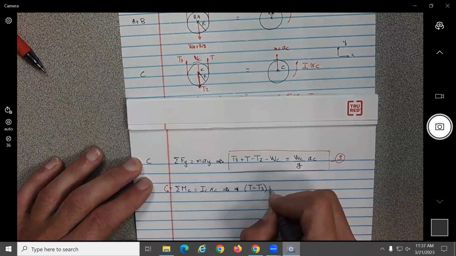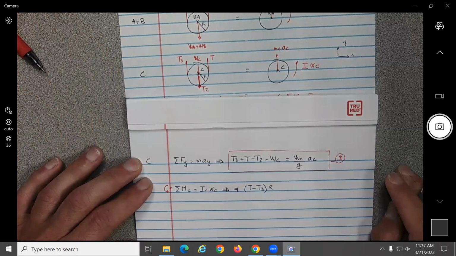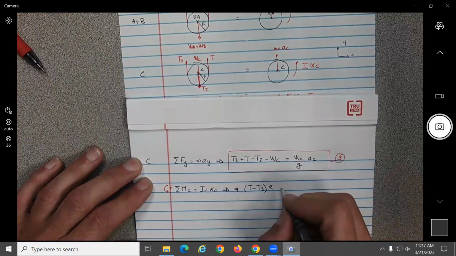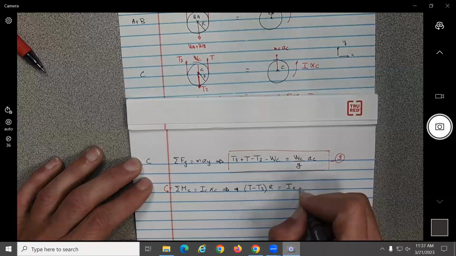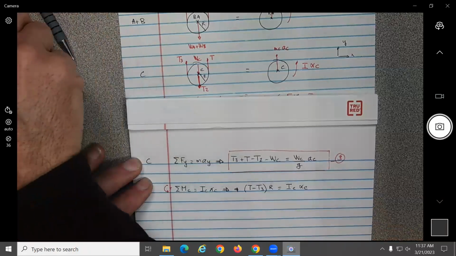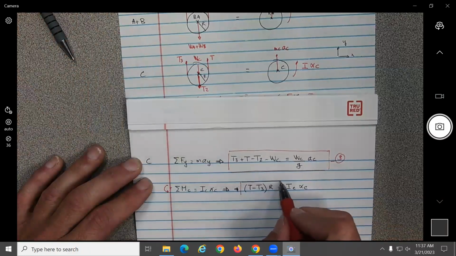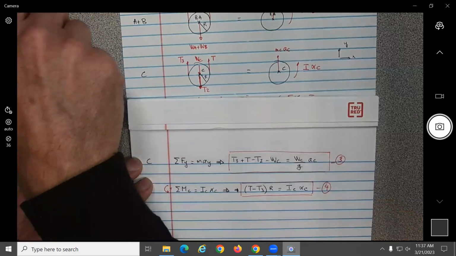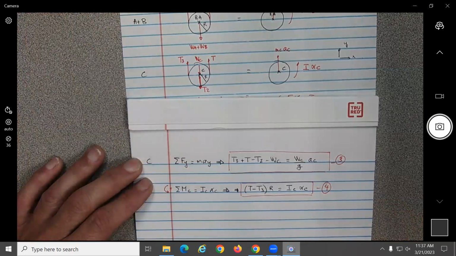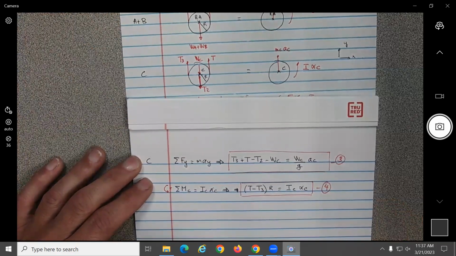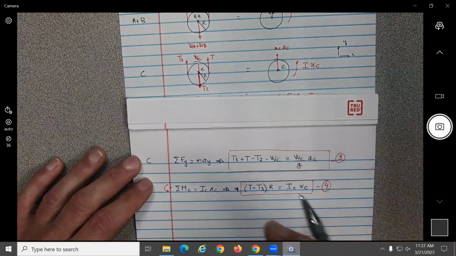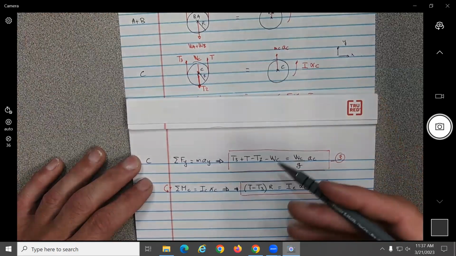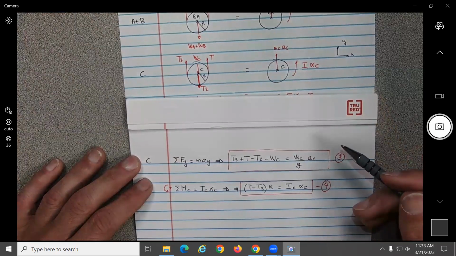T minus T3 times R equal I sub C alpha sub C. Okay, here don't panic, okay? You're just writing equations. These two out of the 8 points are probably worth it, because we need the other equations, but 4 plus 2, 6, okay?